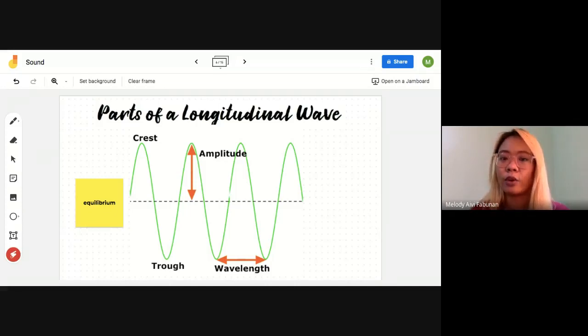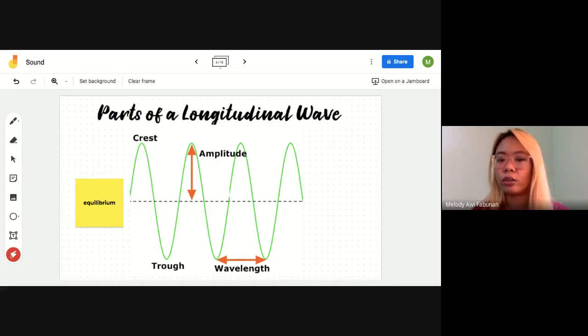Opposite the crest, of course, is your trough, which is the lowest part of your longitudinal wave. And then in the middle, we have the equilibrium. From the equilibrium going to the crest, that is what we call your amplitude. And then the last one is our wavelength, which is the distance from one crest to another crest or one trough to another trough.